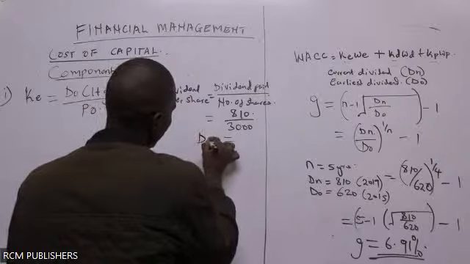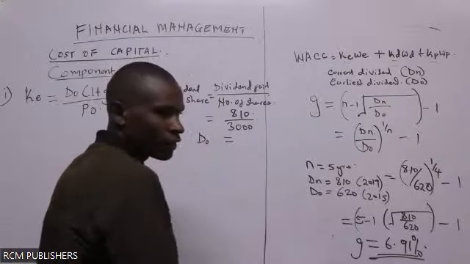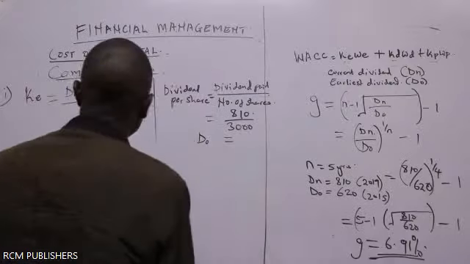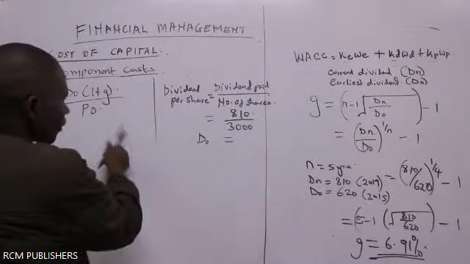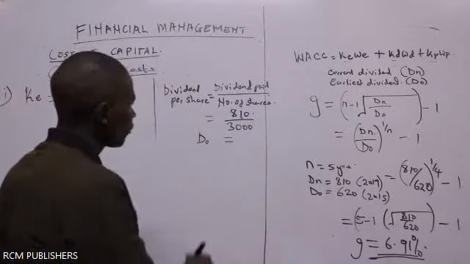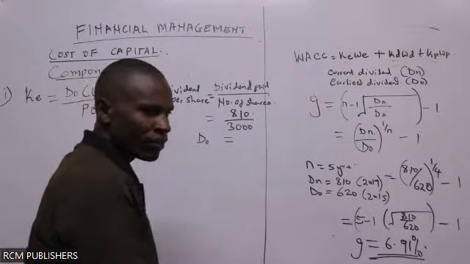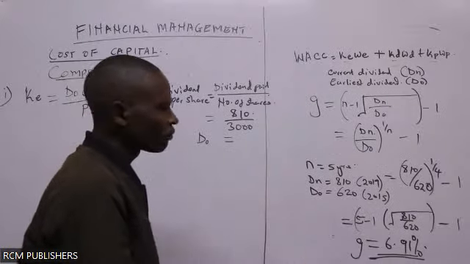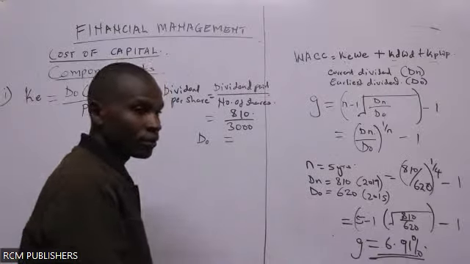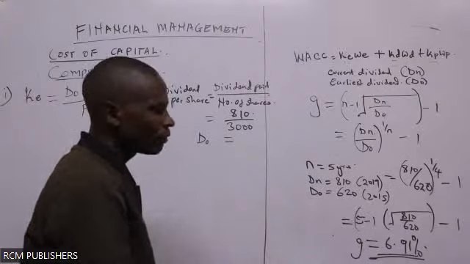This will be my dividend per share. So that I'm able now to compute this, giving me 0.27. Confirmation.